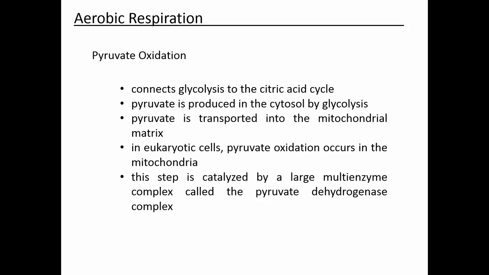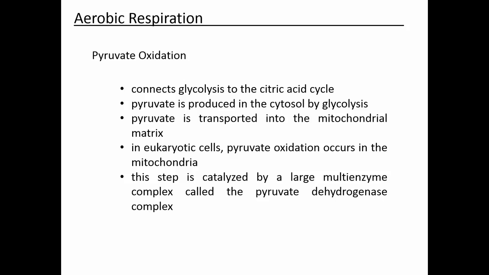And then during pyruvate oxidation, each of those pyruvate molecules is going to end up becoming an acetyl coenzyme A molecule. And acetyl coenzyme A is going to be the starting material for the Krebs cycle. So that's how it connects glycolysis to the citric acid cycle.